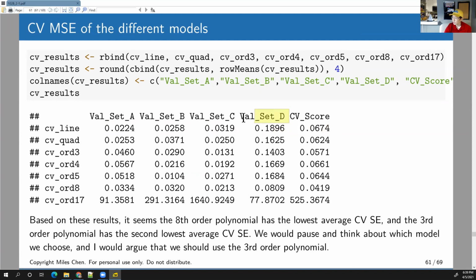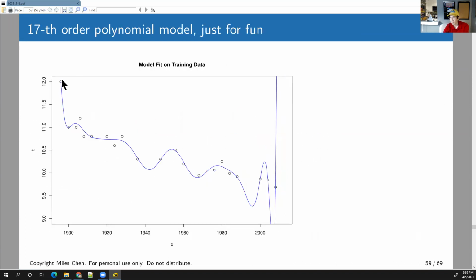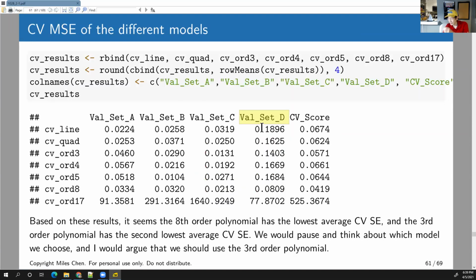Validation set D is much higher generally than all of the other validation sets, and that's because validation set D happens to contain this one data point, the one that's kind of an outlier, and so you end up getting a lot of error here.